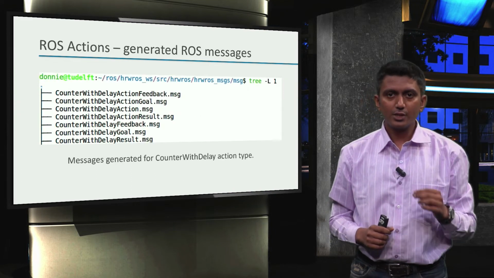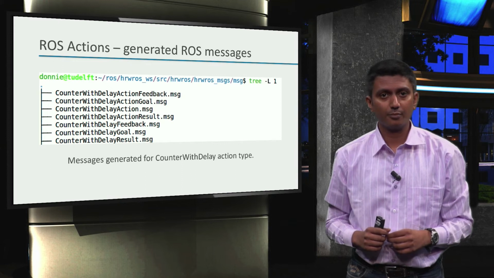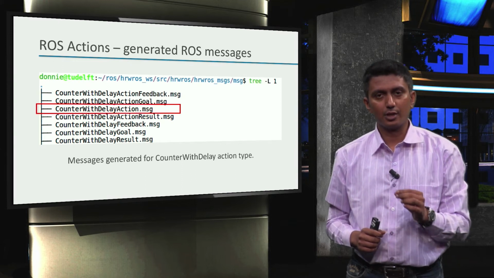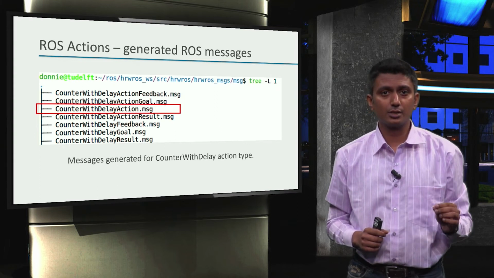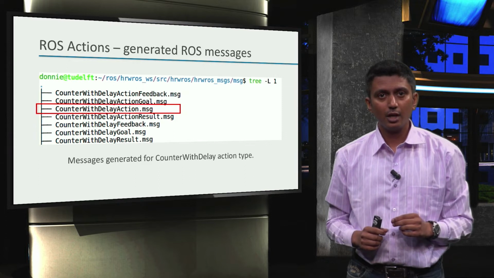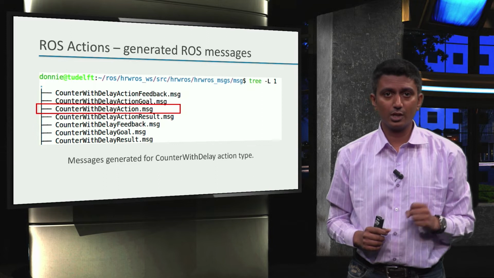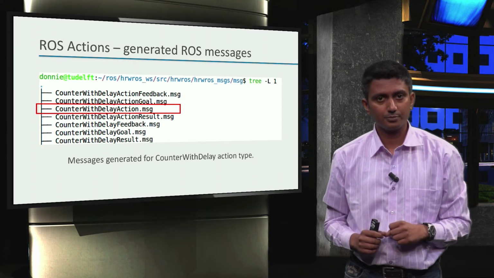Now, let's focus back on the message files that did have the word action in them, particularly the CounterWithDelayAction.msg, which is an aggregation of the 3 other messages with the word action in them, and this message type is also the message type we will use in the code illustration as the type of our action server and action client.